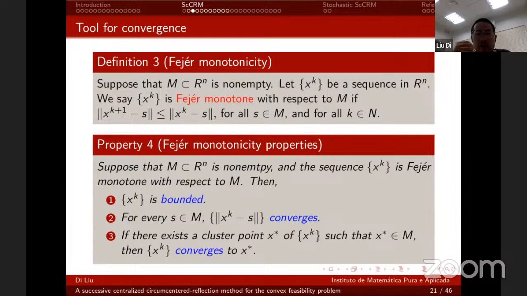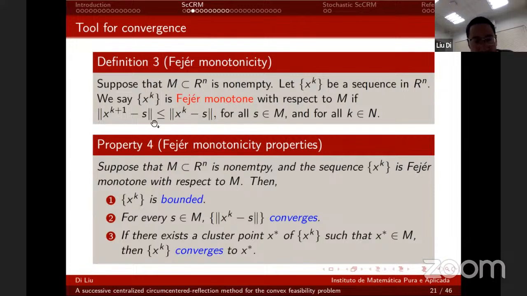First I want to introduce some basic tools for the convergence result. Actually, as far as I know, there are two ways to prove the convergence of the sequence. One is to use Fejér monotonicity and its corresponding results. So what is a Fejér monotone sequence?